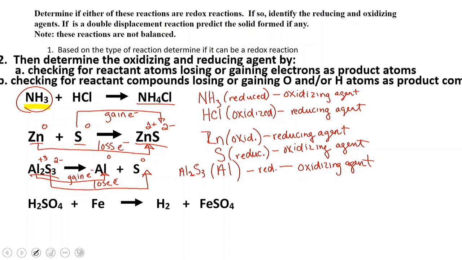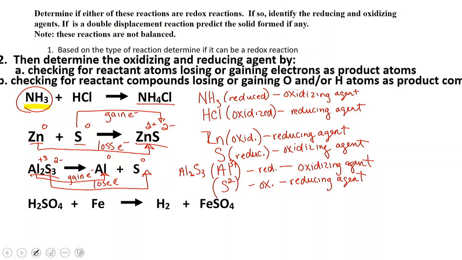So we'll put this: the aluminum 3 plus is what's reduced, and it's the oxidizing agent. Whereas the sulfur 2 minus within the Al2S3 is oxidized, so it is the reducing agent. Let's take a look at the last example.